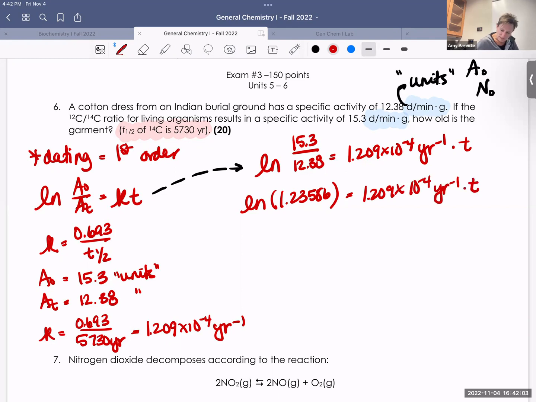That's going to be 1751.6, once I take that natural log and then divide by 1.209 times 10 to the minus 4th. That's equal to my t. Rounding for significant digits, my time is going to be equal to 1,750 years.